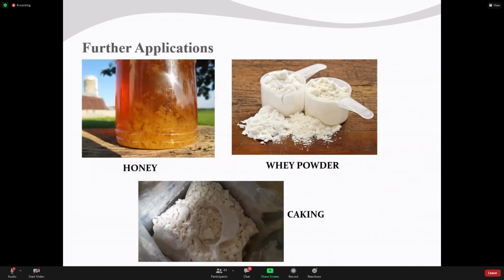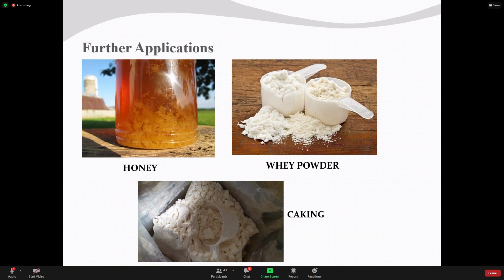We also looked at honey in terms of understanding the crystallinity, because in honey we normally don't want to see crystals, and if it has crystals, usually we want to melt it, and in industry different processes are used for melting the crystals in honey. To quantify the crystal amount in honey, again a similar approach was used. And one of my PhD students is currently working on using this approach to understand stickiness in powder foods.